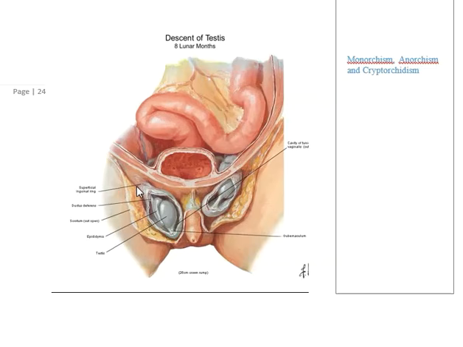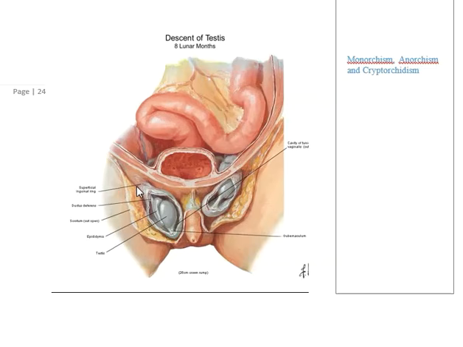We expect it to reach the superficial inguinal ring in month 8, and it should be at the bottom of the scrotum at the time of birth, I mean the ninth month.